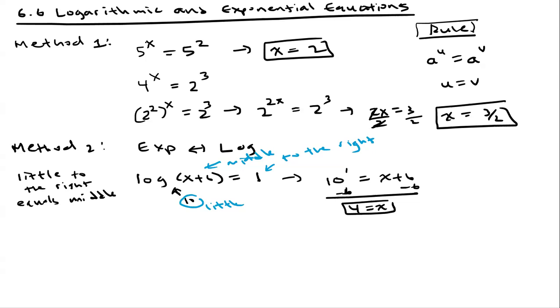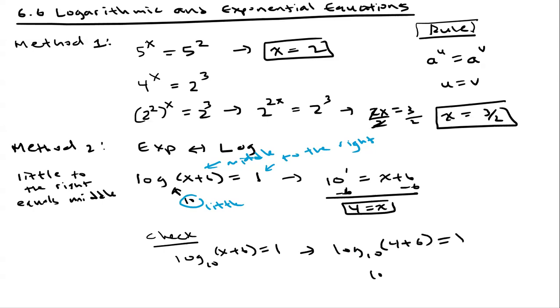Now, the cool thing about this is, we can always plug in our answer to see if it's correct. So let's do a check here. We have log base 10 of x plus 6. X is 4, so 4 plus 6 equals 10. That gives us log base 10 of 10.